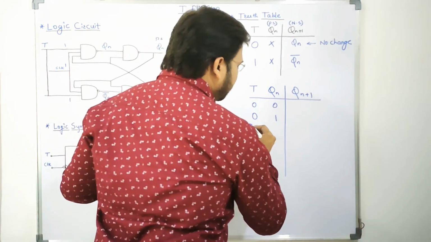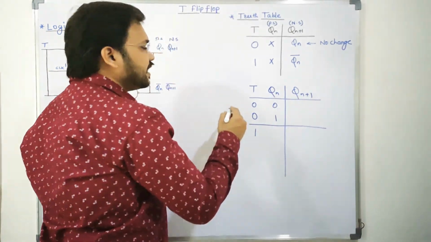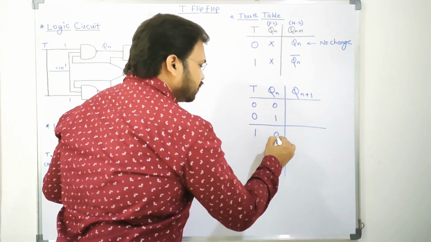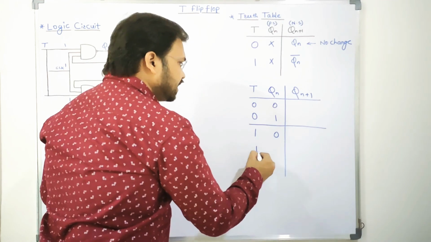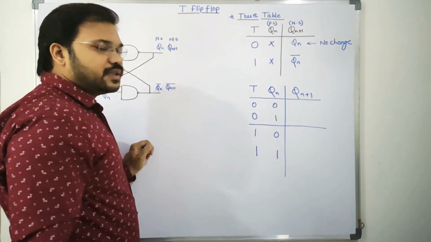Okay, so this is our first condition. Next condition, when t is equal to 1 and Q is equal to 0, and when t is equal to 1 and Qn is equal to 1, in this way.